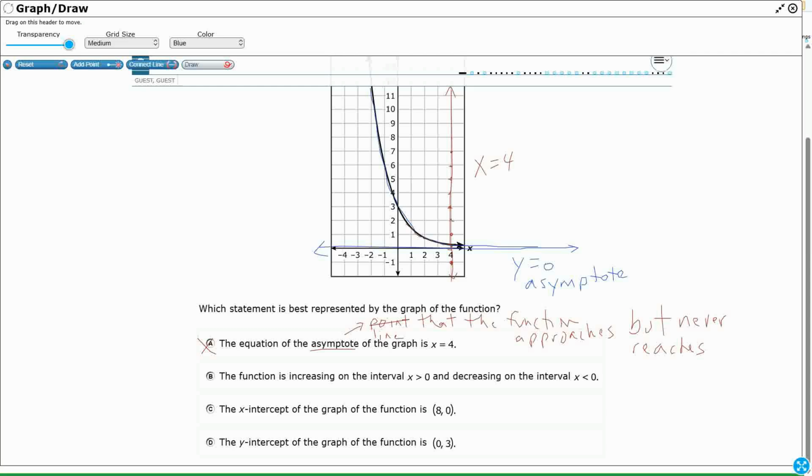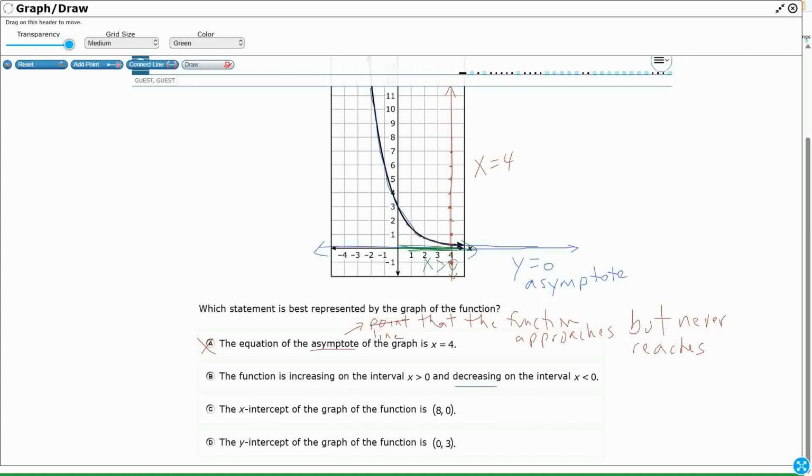All right, so B: the function is increasing as the interval x is greater than 0. So x equals 0 is right here. I'm going to make this green. x is greater than 0. Is it increasing? No. The function is not increasing. It's actually decreasing. It's getting closer and closer to 0.